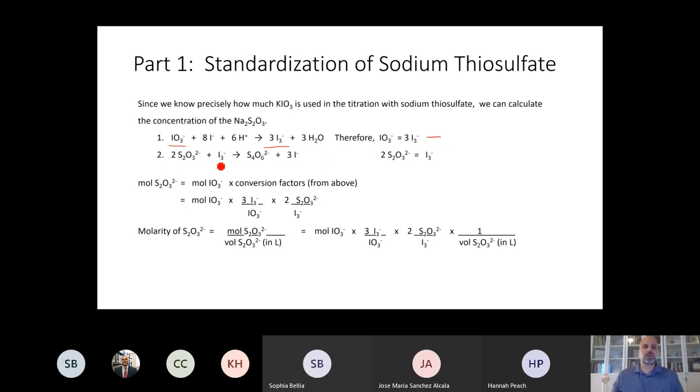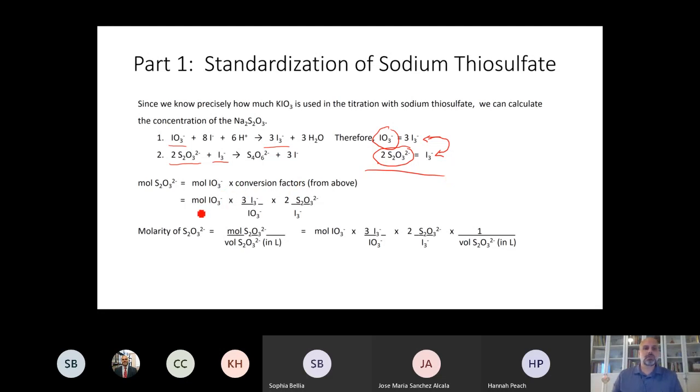And then for every triiodide that we use in the second reaction, we consume two thiosulfate ions. So you can see how you can easily convert from the number of iodate ions to the number of thiosulfate ions through this link of the triiodides. You can do that by simply turning both of these equalities into conversion factors.